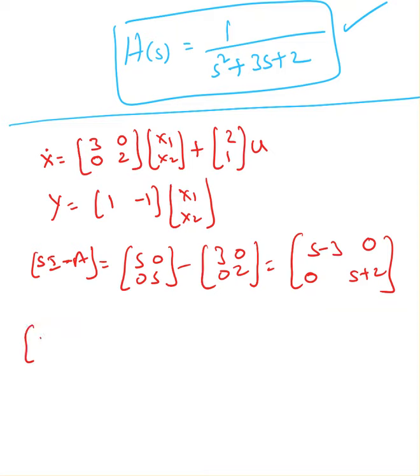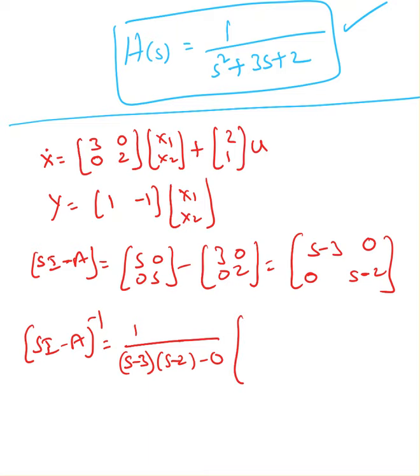Now (sI minus A) inverse is nothing but 1 over (AD minus BC), which is (s minus 3)(s minus 2) minus 0, times [D, minus B; minus C, A], if I choose this as an ABCD matrix.